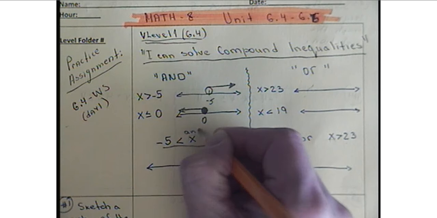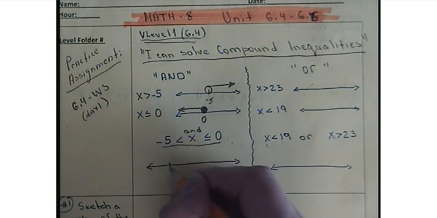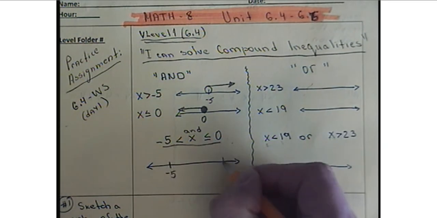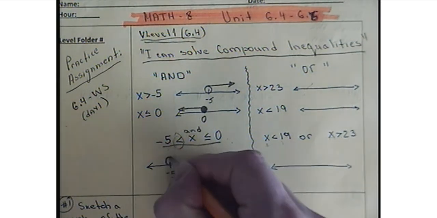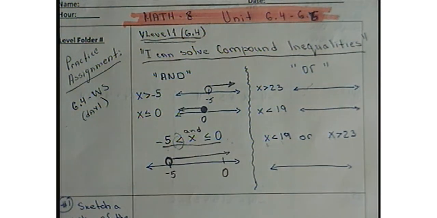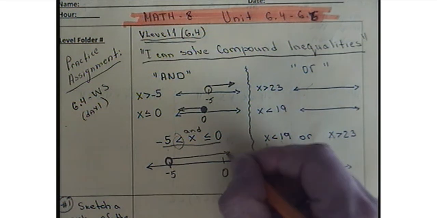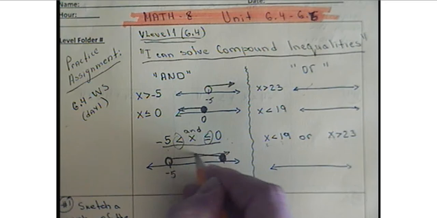Okay, this is the AND form when variable x is between those two cases. So I'm going to put -5 over here and 0 down here. At -5, we have an open circle when x is greater, so we'll go in this direction, and then at 0 we're going to have a closed circle, and the values for x will be less than.